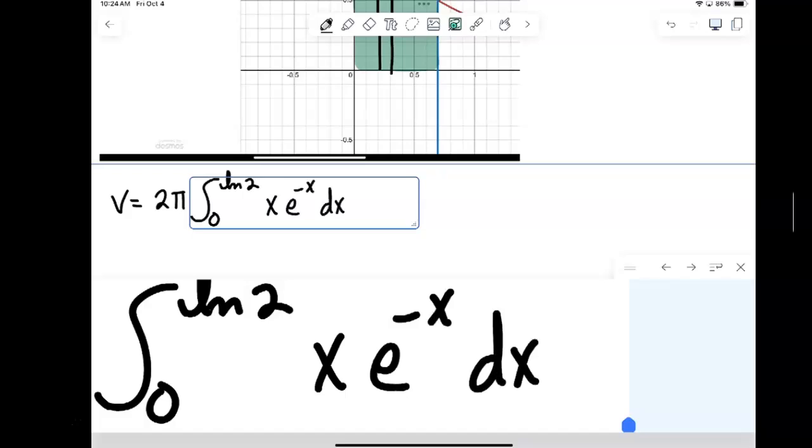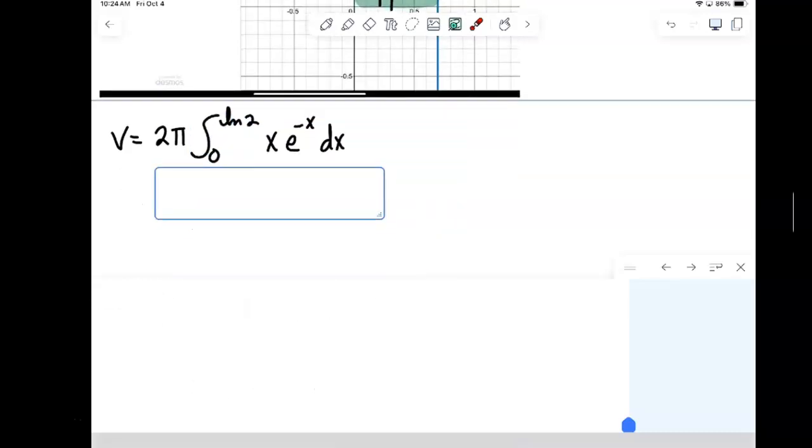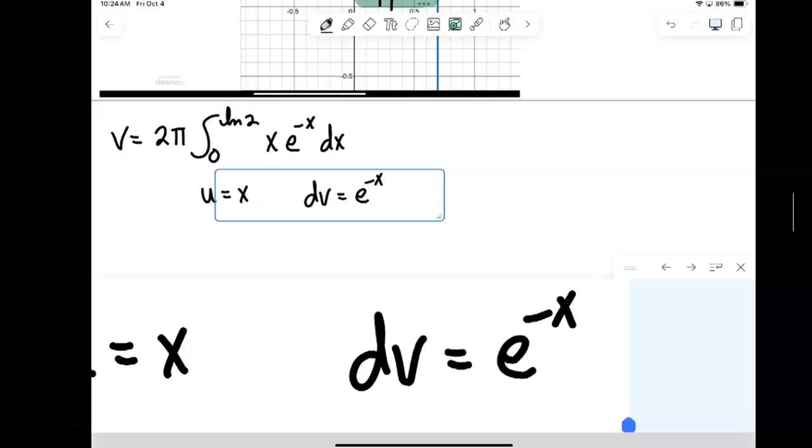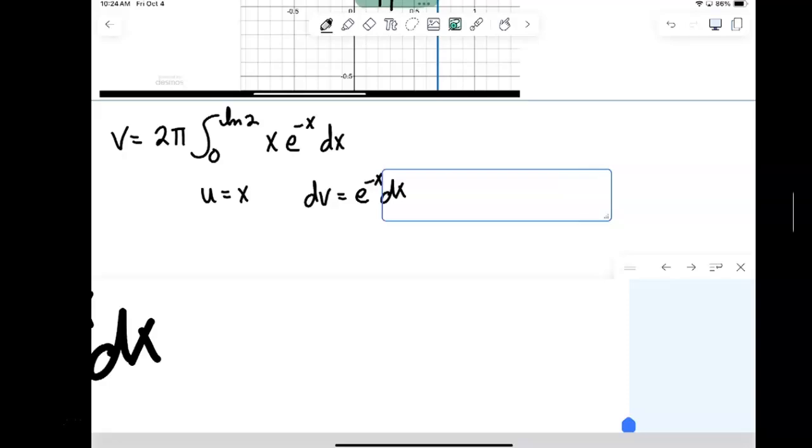And of course, this is an integral that's going to need integration by parts to work out. So typically, if you have powers of x, let that be your u part in your integration by parts. And then let dv be the other stuff, e to the minus x dx.